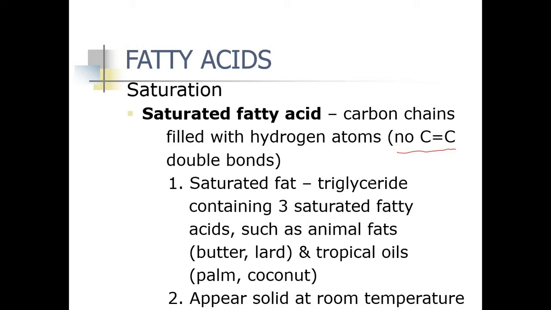So if you have a saturated fat, that means all of the fatty acids in the triglycerides are saturated. Examples are butter and lard. These saturated fatty acids appear solid at room temperature.